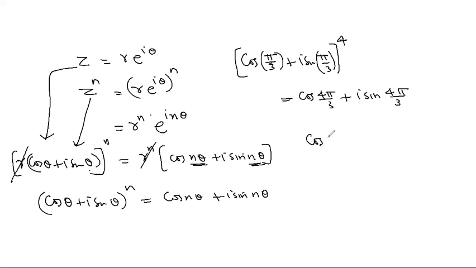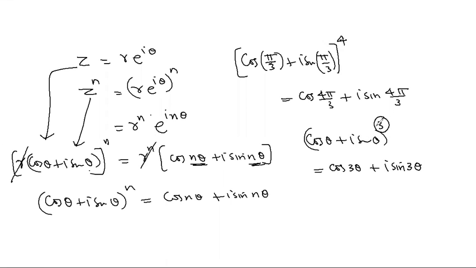So tell me, what is cos theta plus i sin theta raised to 3? How can you write this? It is cos 3 theta plus i sin 3 theta. Did you understand this idea?